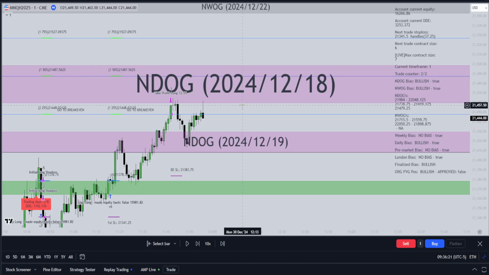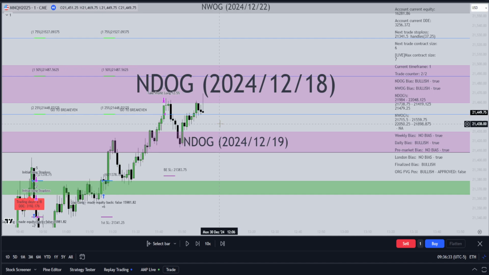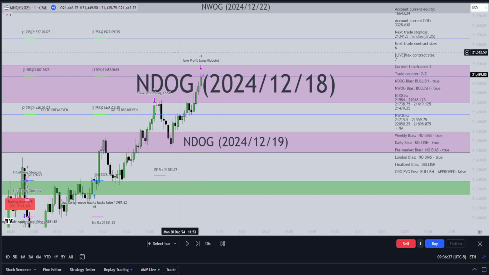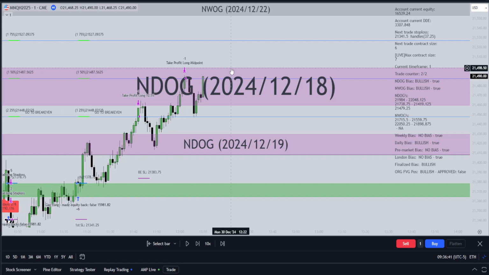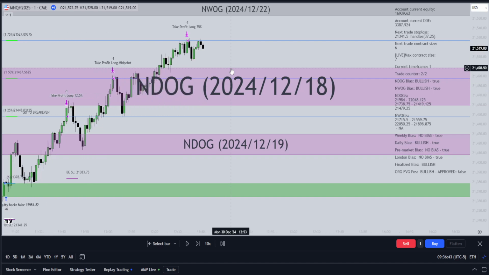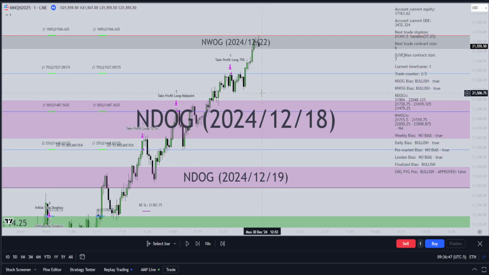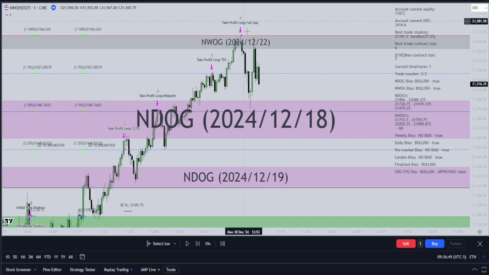So if we follow price, what we see is that it bounces from this new day opening gap to this one, but it doesn't really go below the new day opening gap of the 19th. We never close below it, and we actually attempt, you see the price is trying to push higher, and we actually have our second take profit over there. And if we just let price do its thing, we have our third take profit, and eventually also our fourth.